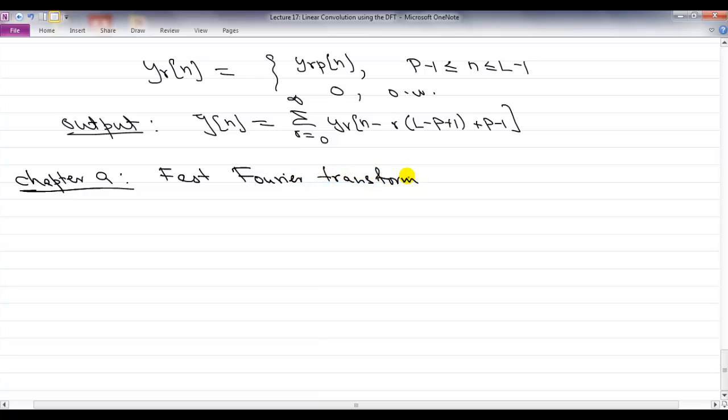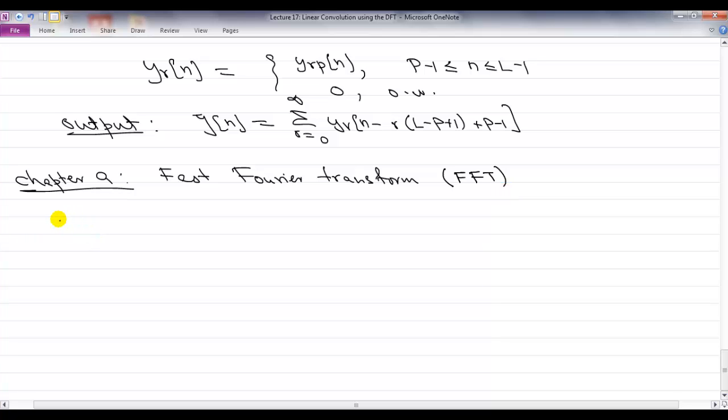And although the name implies a transform, FFT, or fast Fourier transform as it is often called, is actually just a collection of algorithms for computing the DFT.